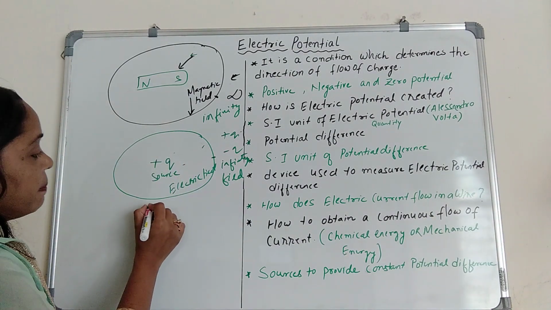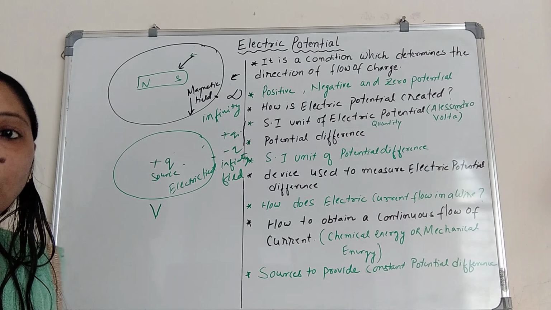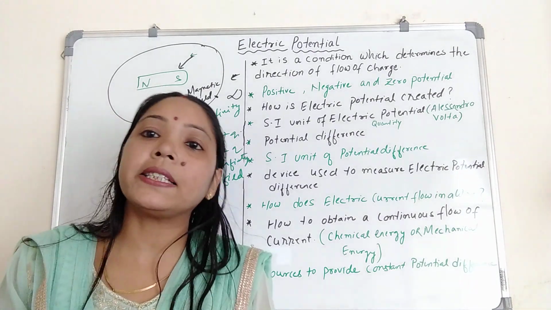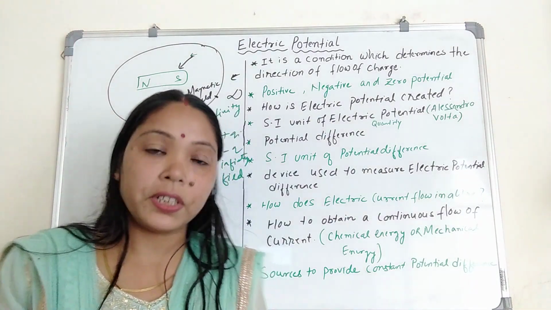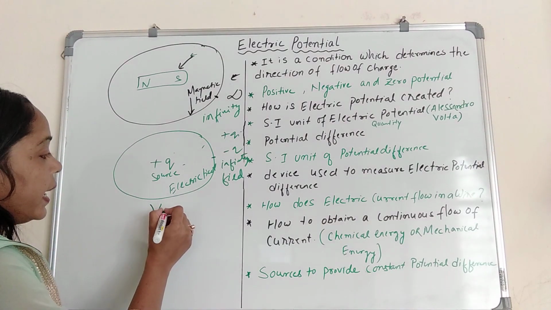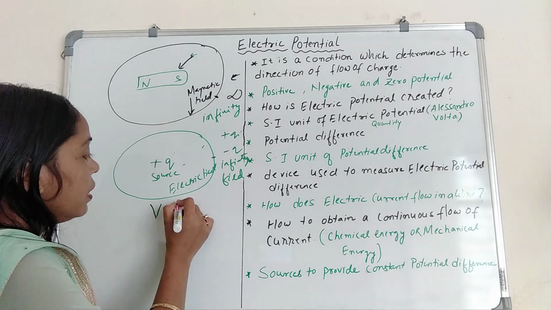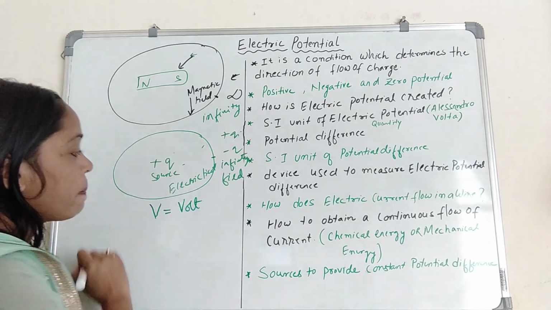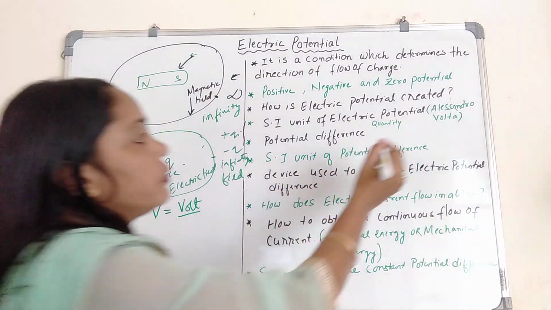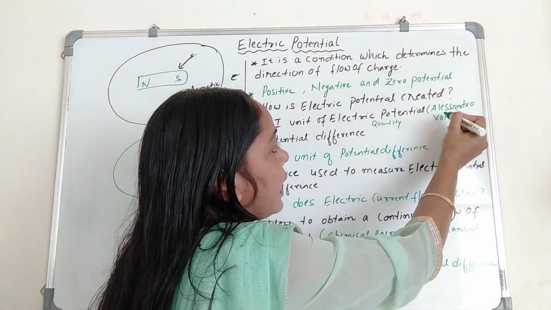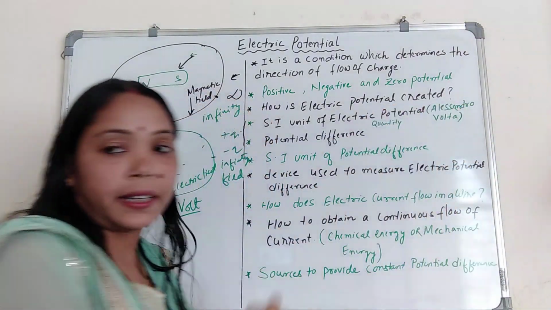Electric potential, the symbol is V. We always use V as the symbol of electric potential. Now what is the SI unit? The SI unit is always volt, named after the physicist Alessandro Volta.